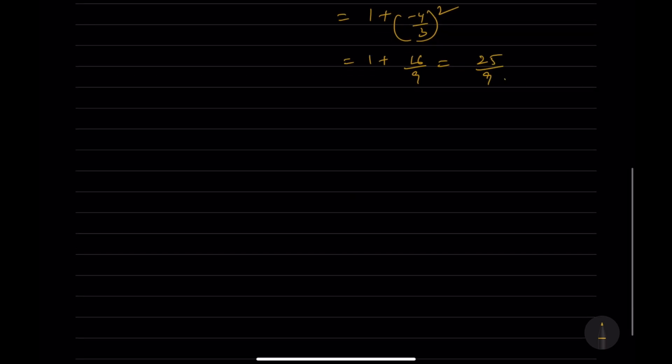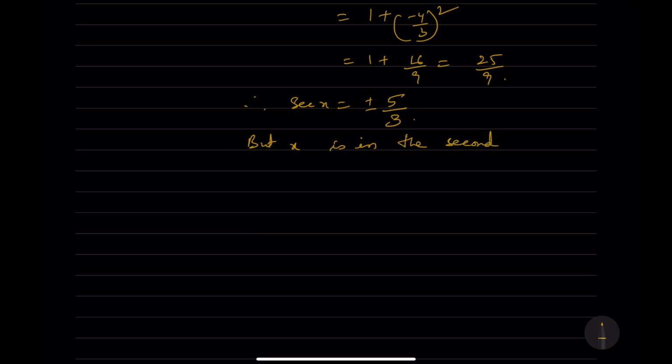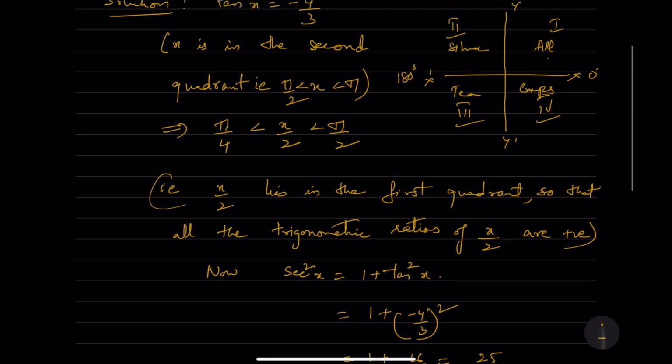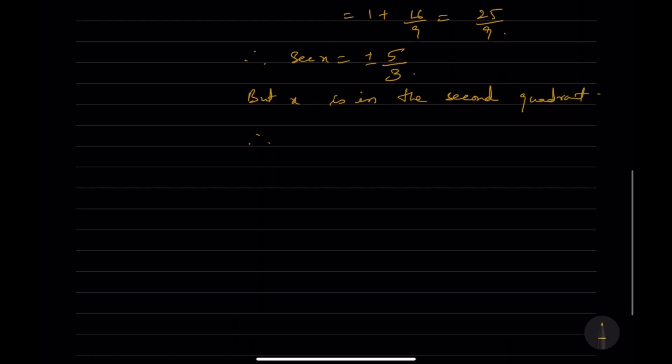So therefore you're getting secant x is equal to plus or minus 5 by 3, because it's root of 25 by 9. But x is in the second quadrant, we know that. x by 2 lies in the first quadrant, but x is in the second quadrant. So in the second quadrant, all silver means sine and cosecant only are positive.